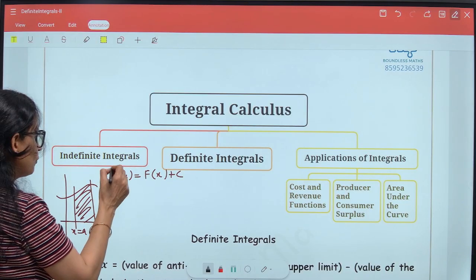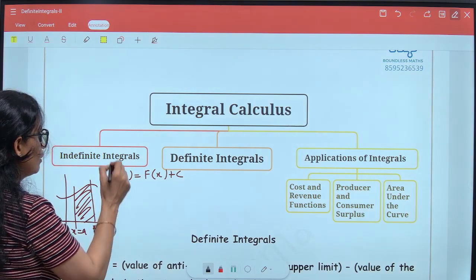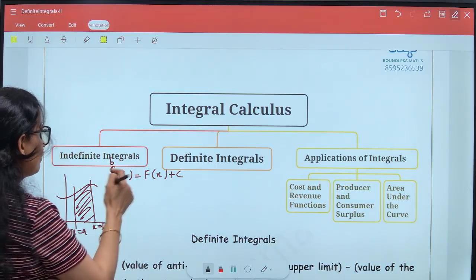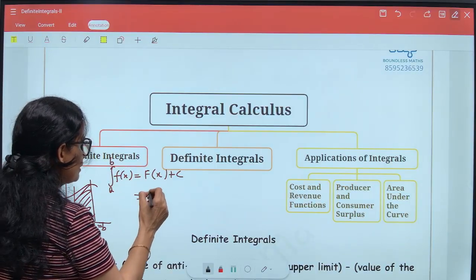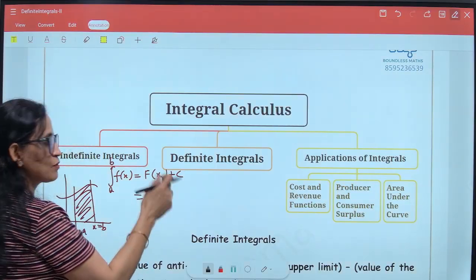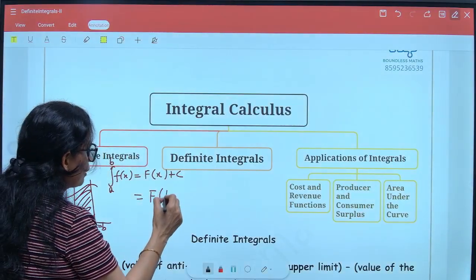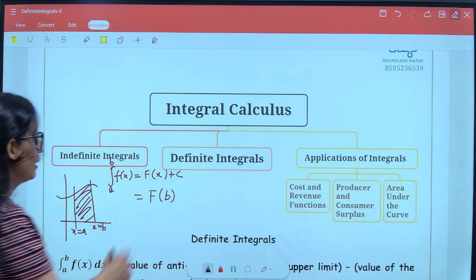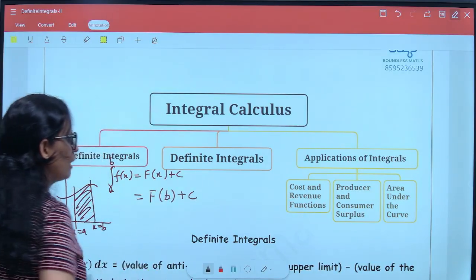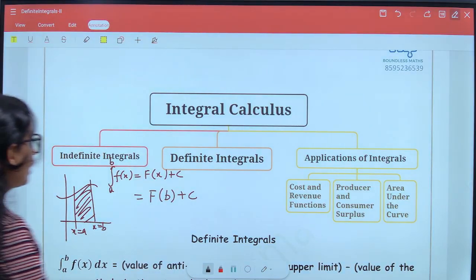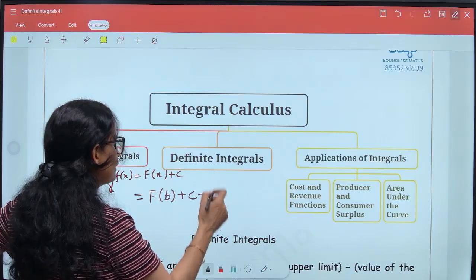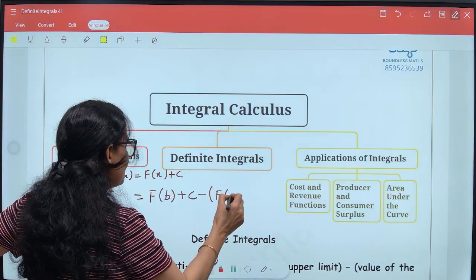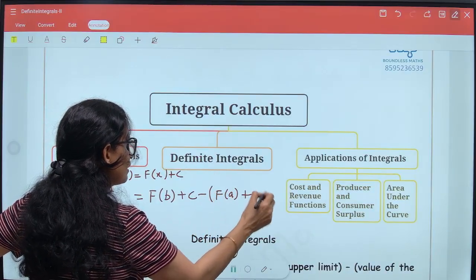So how do we write that? The lower limit comes here, upper limit comes here. Now when we find the integral, we first replace this x with the upper limit. So we write the same integrated function with x replaced by b, so that means this becomes F(b) plus c. Now we subtract the same integrated function with x replaced by the lower limit, so it becomes this.